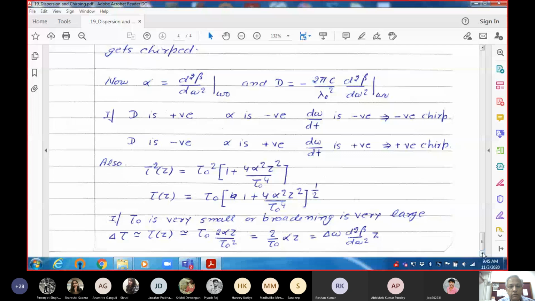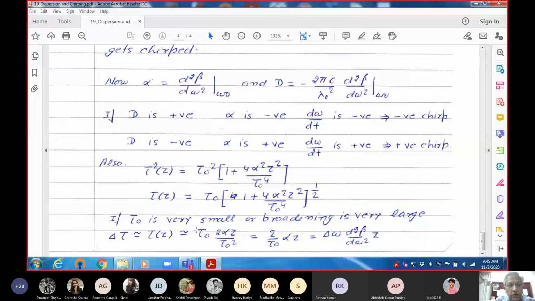Or basically, what I'm saying is that if I assume that the pulse broadening is much larger than the input pulse width, I should be able to calculate the pulse dispersion or pulse broadening, and it should reduce to the earlier formulation, and that is fine here.